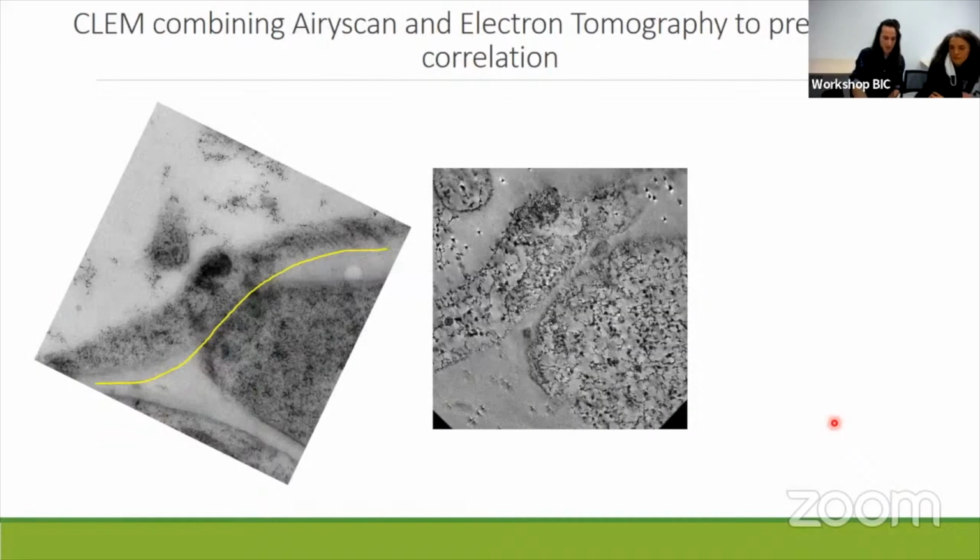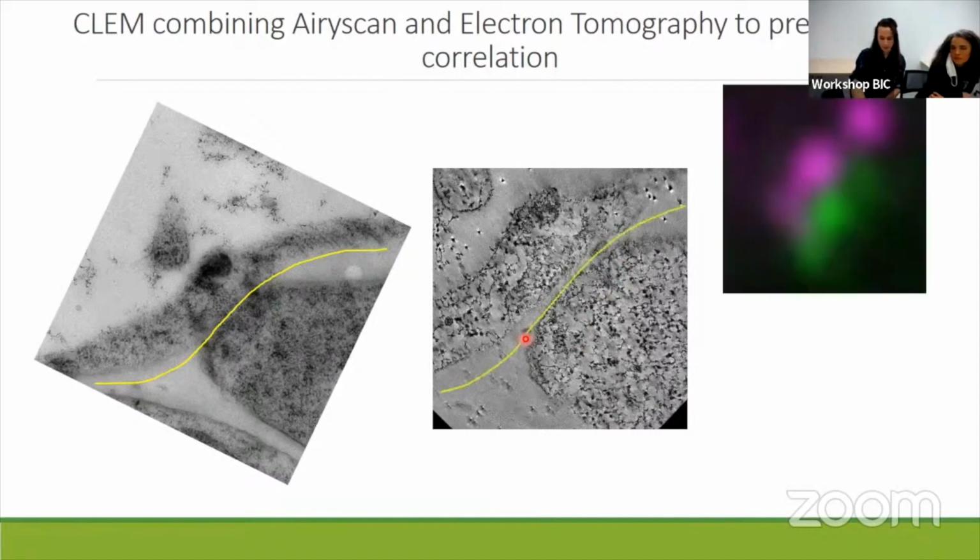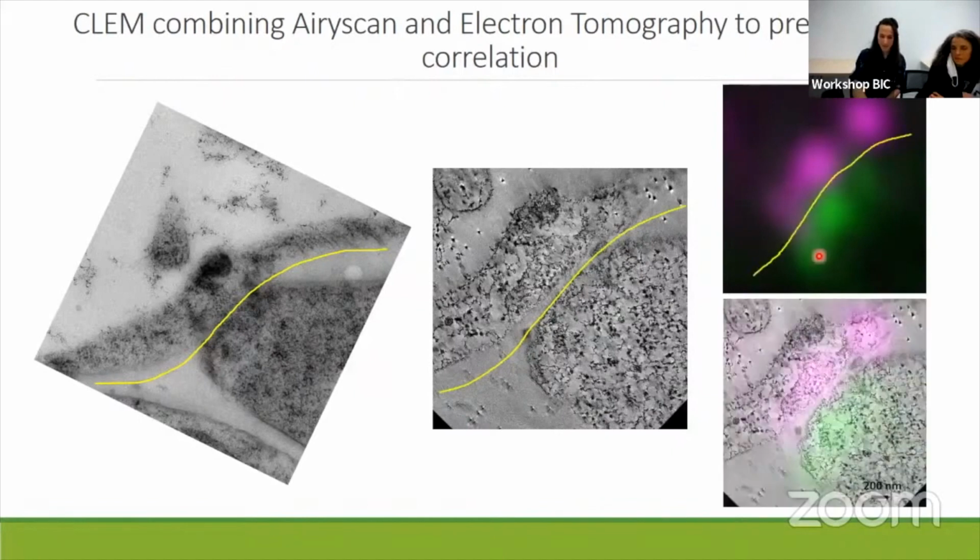And as you can see, here we couldn't really see that there was a cell wall. And in the end, we can improve the resolution, see the cell wall, see plasmodesmata inside the cell wall connecting the two cells. And we can also improve the resolution with Airyscan microscopy, the Airyscan module, to really have a very fine correlation between the two microscopies.